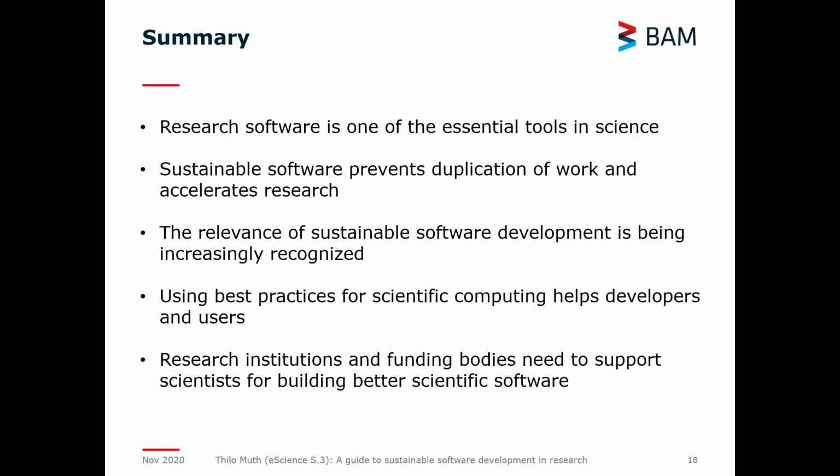The relevance of sustainable software development is now being increasingly recognized, as I mentioned with the funders, institutions, and funding bodies. The use of best practices for scientific computing will help developers and users. So research institutions and funding bodies now need to support scientists in building better scientific software.